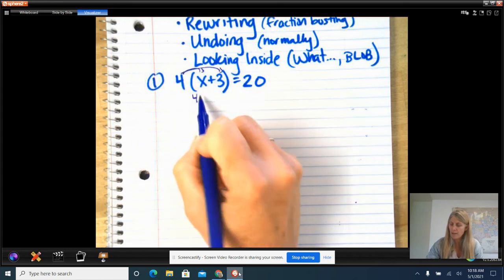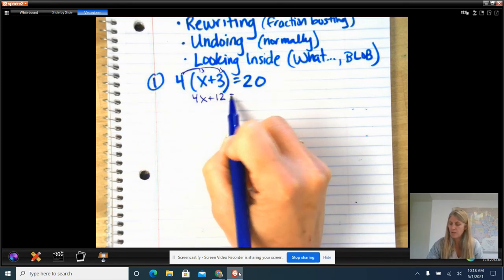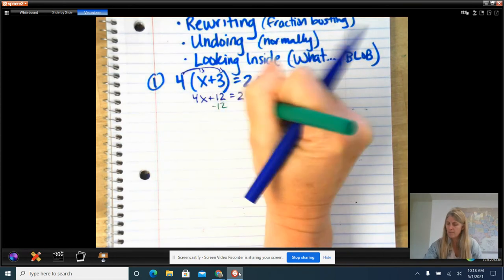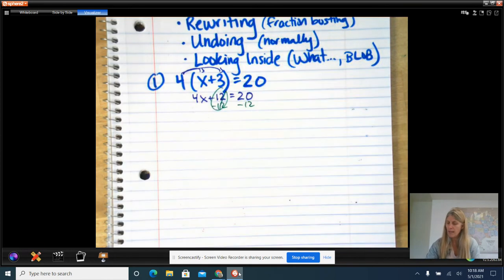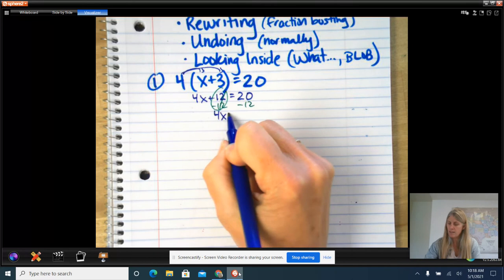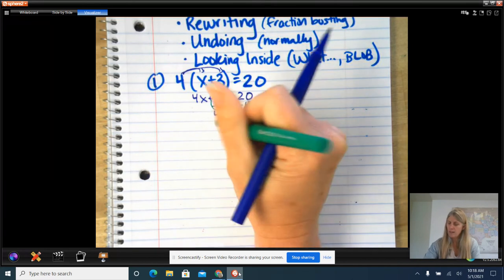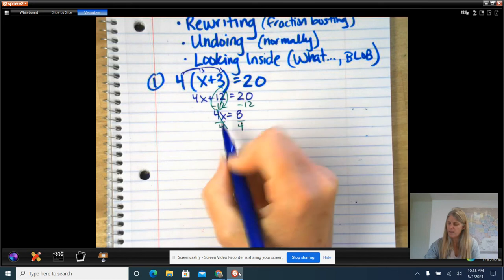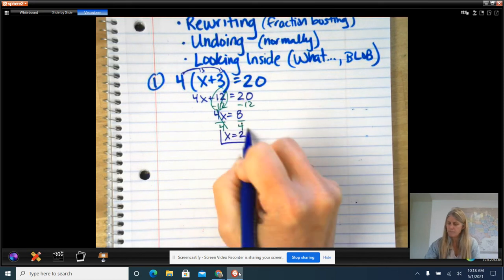That would give me 4x plus 12 is equal to 20. Then I would subtract 12 from both sides, and 4x is equal to 8. Divide both sides by 4, and x is equal to 2.